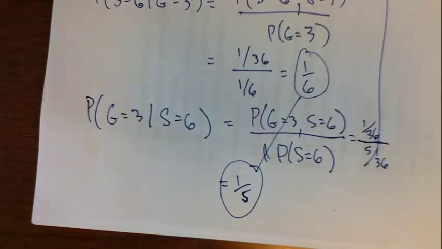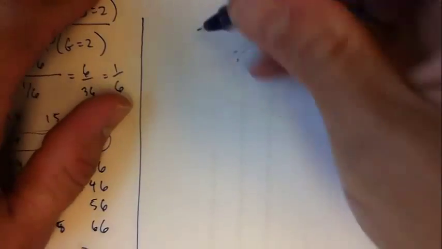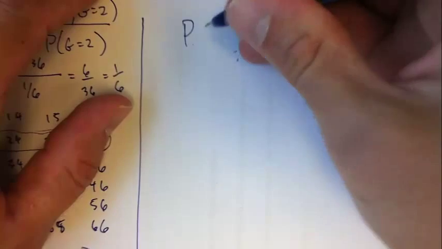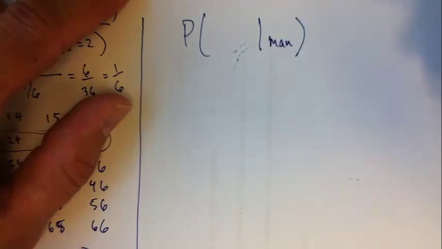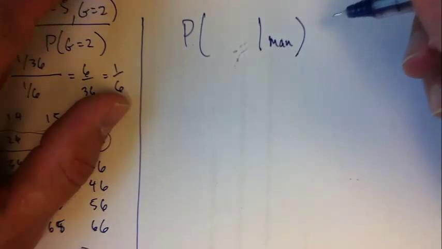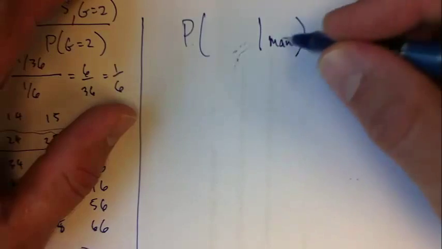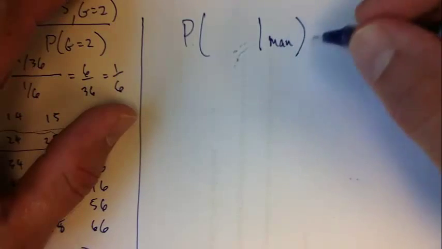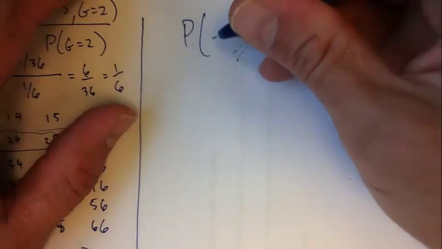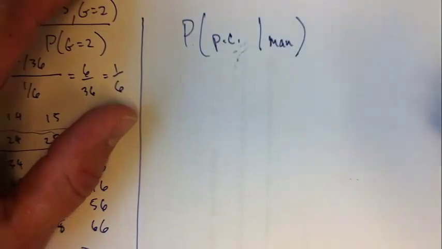Think about it like this. In a more important context, I choose a guy at random, right? There are guys and gals. So if I'm choosing a person from the world, and given that this person turns out to be a man, what's the chance that that guy has prostate cancer?